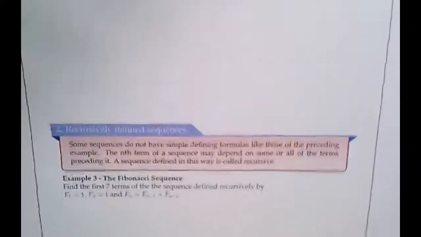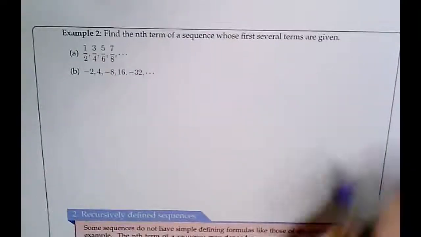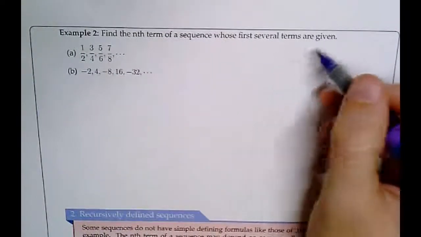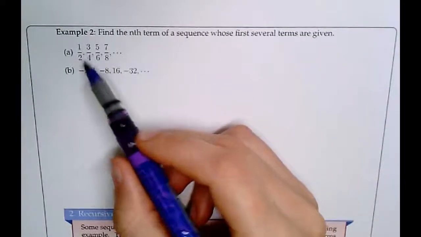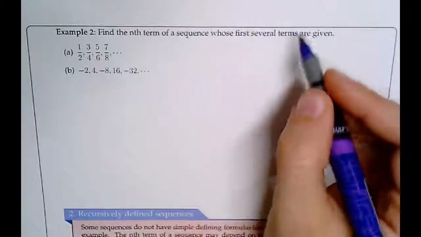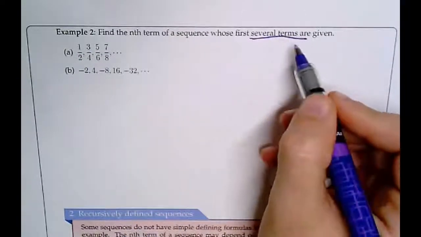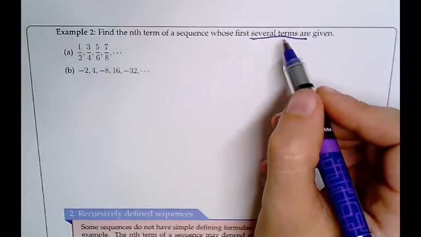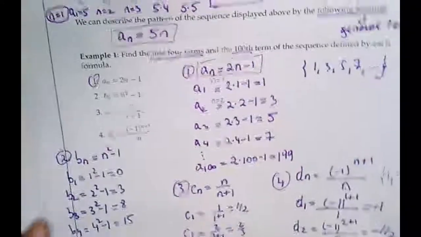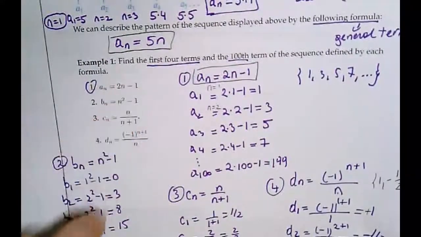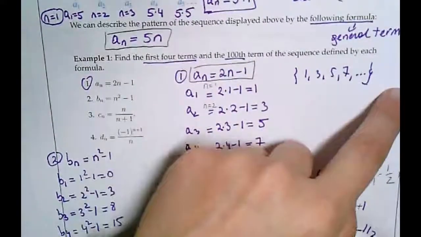All right, so in general, to write a formula for the general term, if I'm given the values for the first few terms, it's going to come down to us seeing a pattern. So in here, we were given the formula and we were asked to find the first few terms.